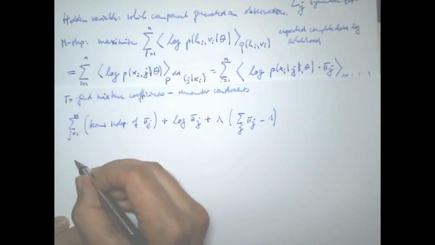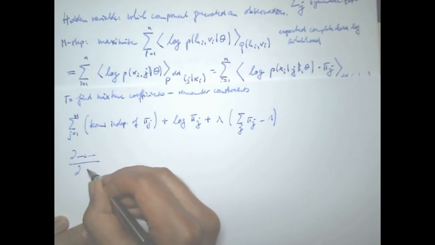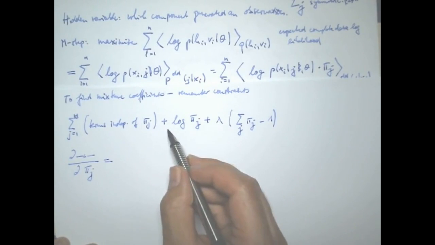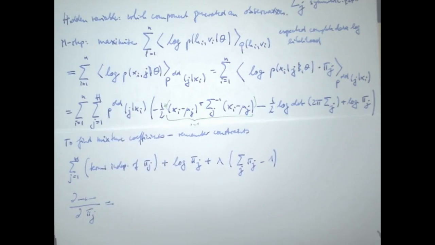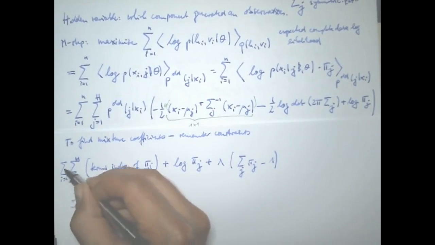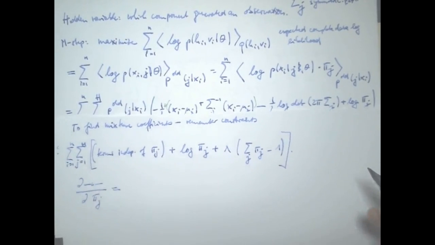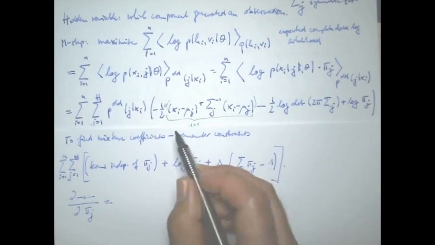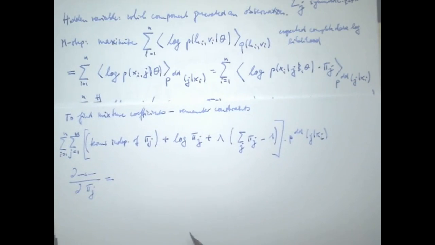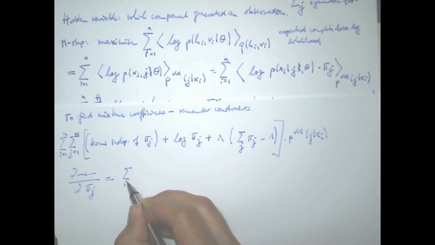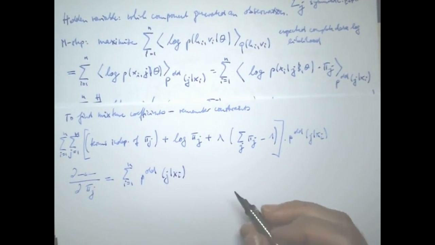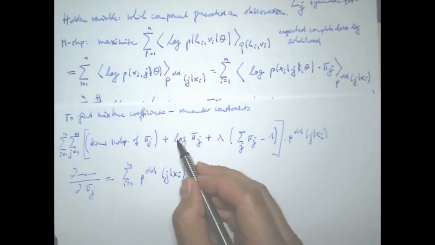And I now take the derivative of this with respect to pi j, and oops, I forgot a multiplier, namely this one here. All of this needed to be multiplied with these terms. The derivative of the log is 1 over pi j.